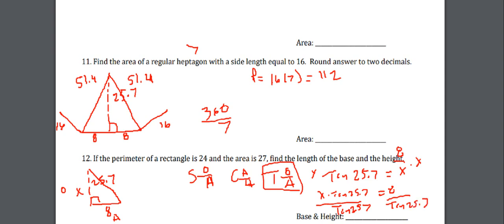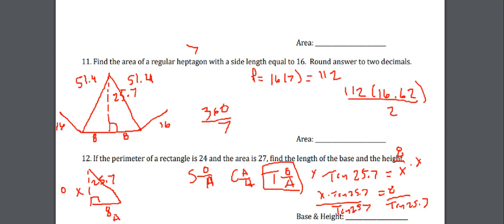So you have 8 divided by the tangent of 25.7, and we're going to get the apothem is 16.62. Let's just say, we'll round it. And again, that's my apothem. The perimeter at the very beginning we said was 112.